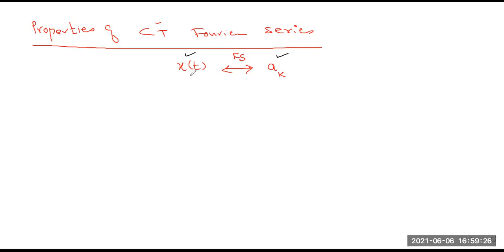So this is a periodic signal and its corresponding Fourier series coefficient, and this notation means that they are paired together. So let me start with the first property, and that is linearity.